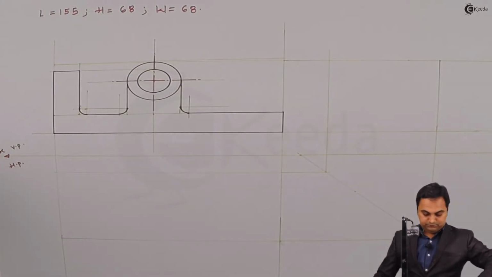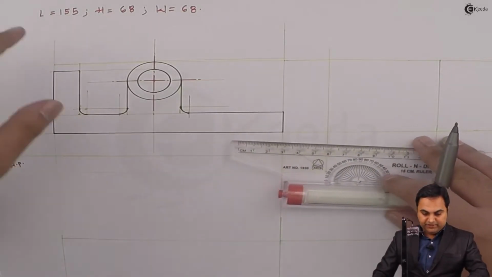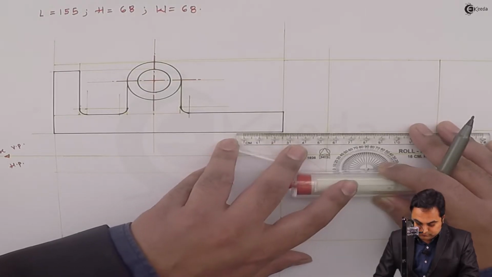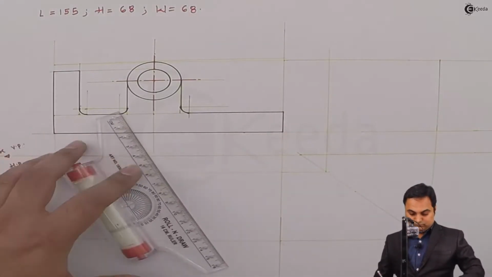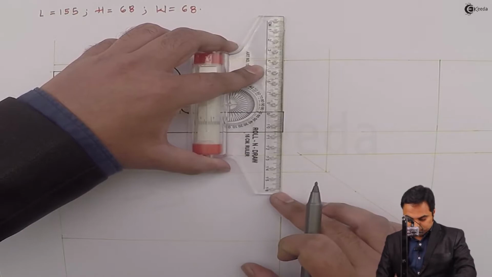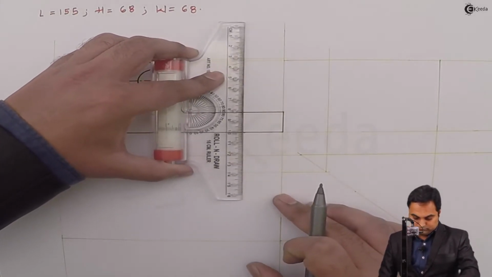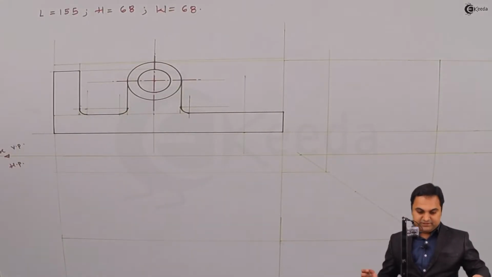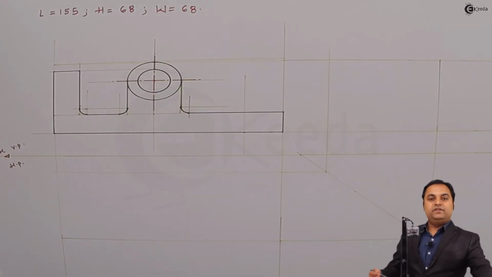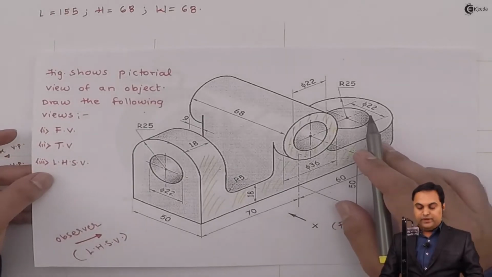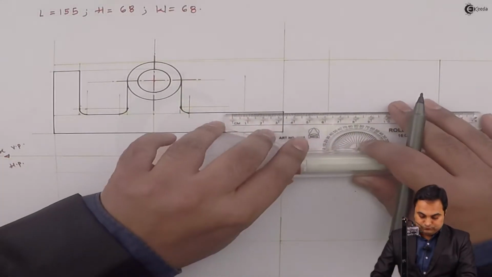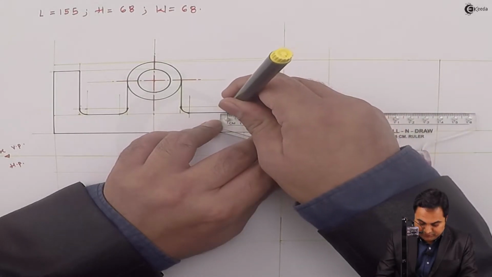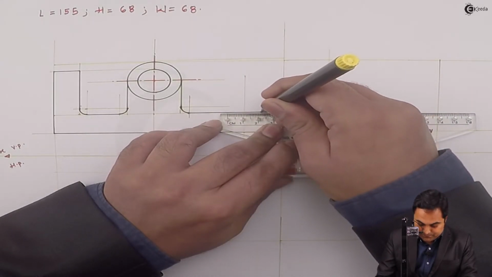So I'm taking 25 mm from one side, projecting a light line, and that indicates the center line. Then the inner circle is having a diameter of 22 mm, taking 11 mm on one side, 11 mm on the other side.